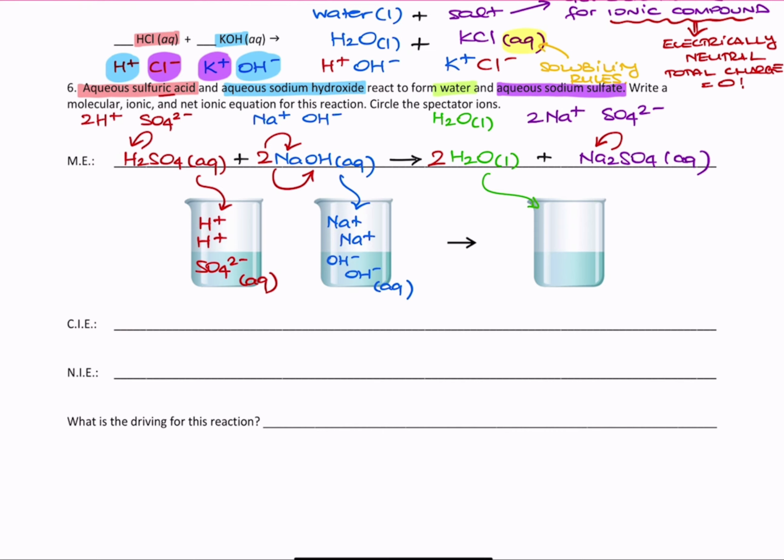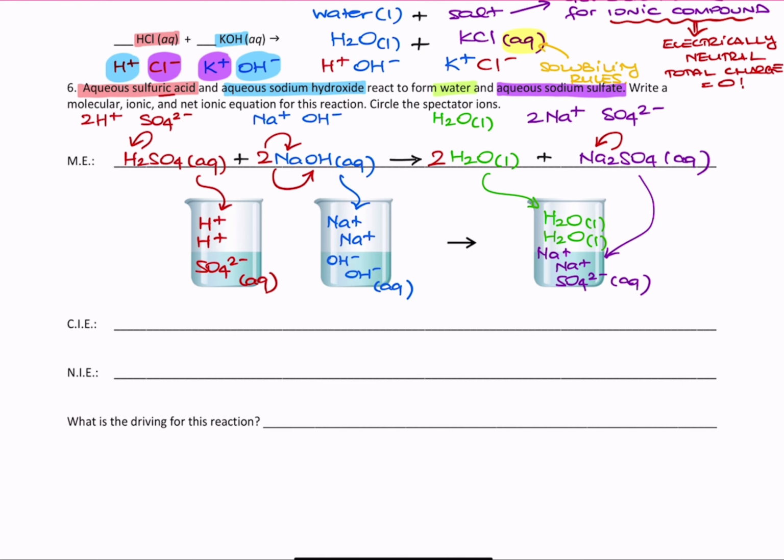The water is liquid, so it remains untouched, and we have 2 molecules of water in the liquid state, not ionized. And we have as well in the aqueous state 2 sodium ions along with the sulfate ion.